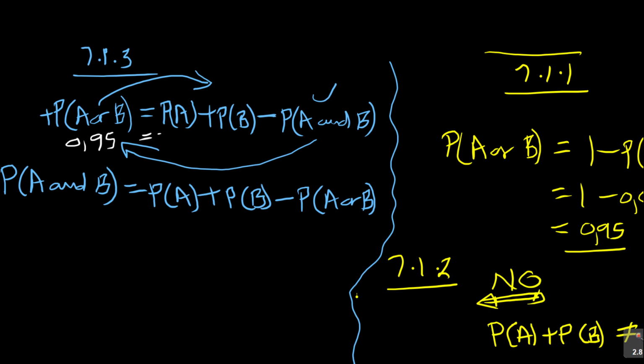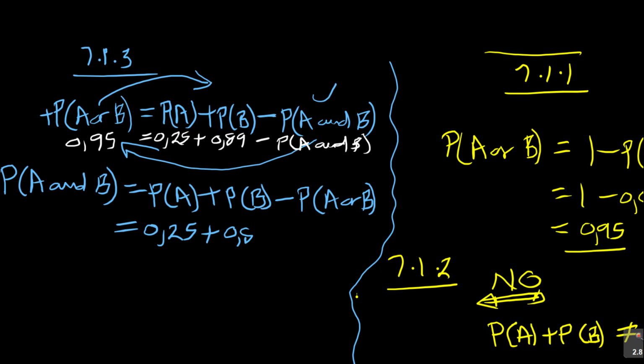Then you make it the subject of the formula. But me, I went straight away to say it will be equal to probability of A, which is 0.25, plus 0.89 minus that, which is 0.95.